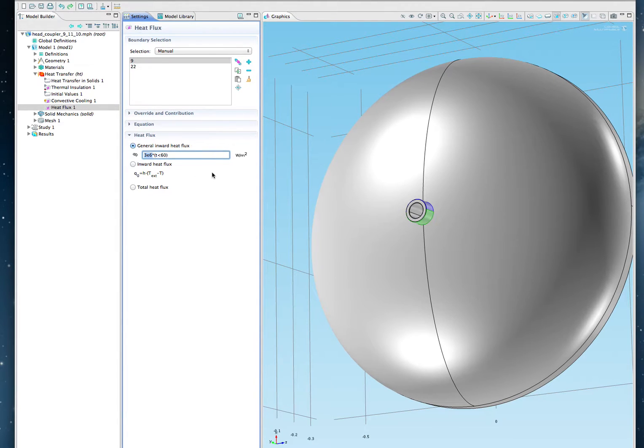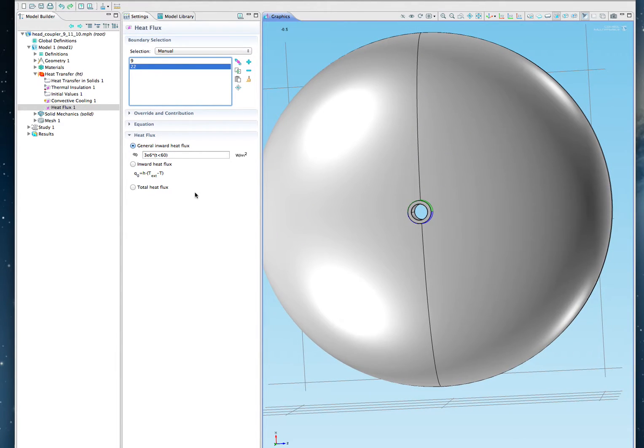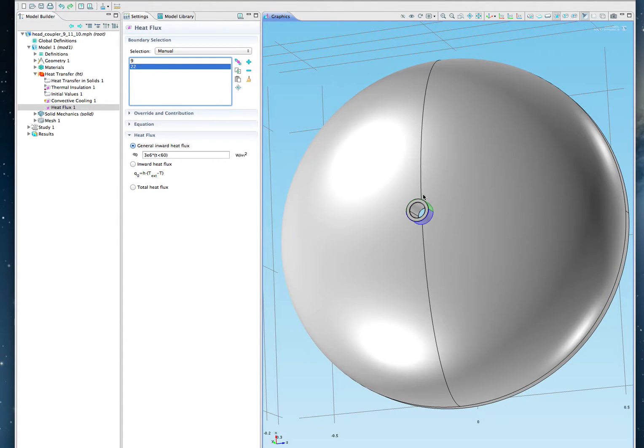This is 3 megawatts per meter square. That's 3 megawatts per meter square for 60 seconds. And then you turn it off. So it's a transient problem. And what is happening with boundary 22, the other boundary, which is on the other side here, is the same. So basically what I'm saying is that they're going around here very fast, but they're putting a heat flux giving that temperature distribution.